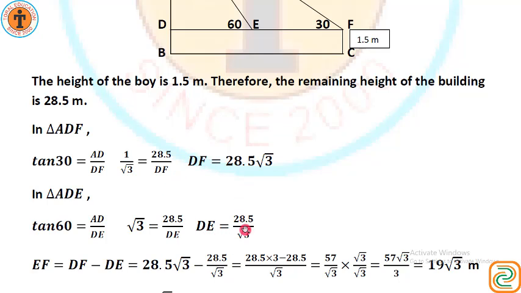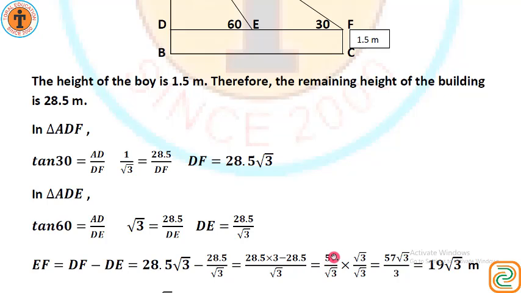We will subtract this from DF: DF minus DE, that is EF. 28.5 root 3 minus 28.5 upon root 3. Root 3 will be the LCM. Root 3 into root 3 is 3.